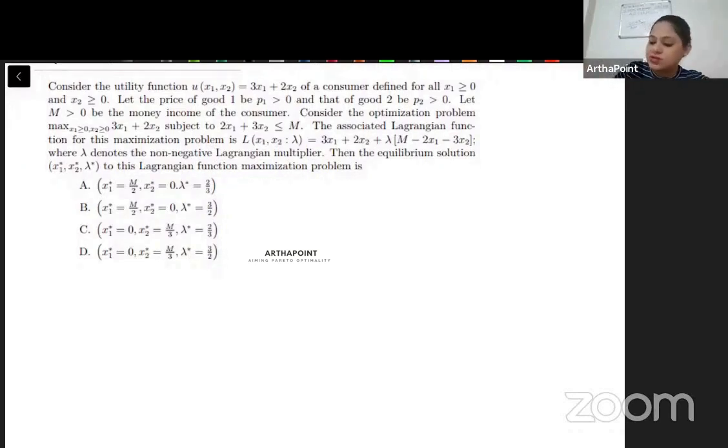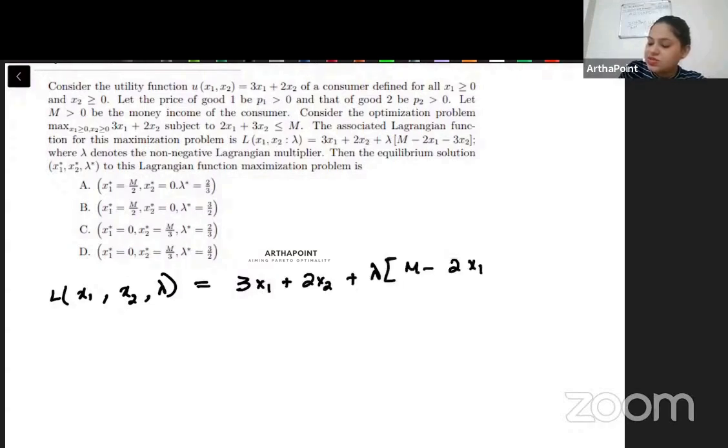Let me show you what is the mistake you could have made. If you formulate a Lagrange like this: 3x1 plus 2x2 plus lambda times m minus 2x1 minus 3x2.